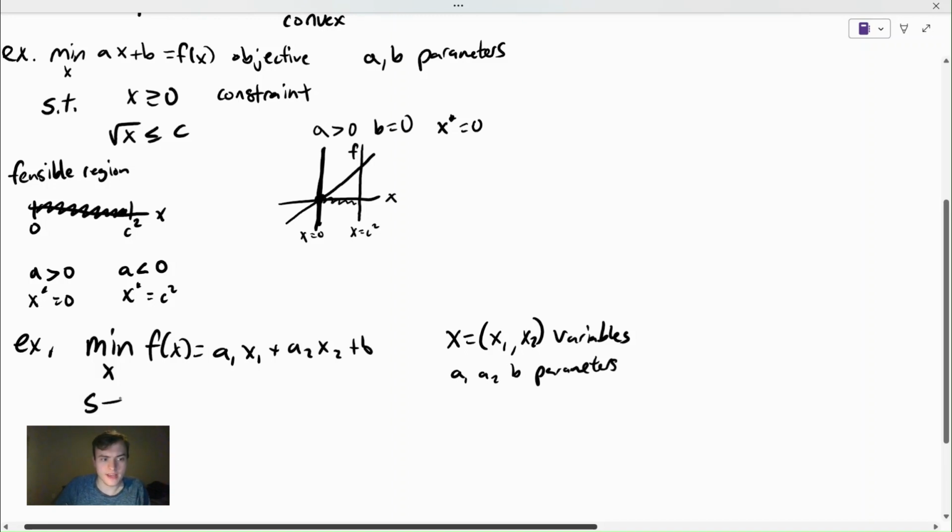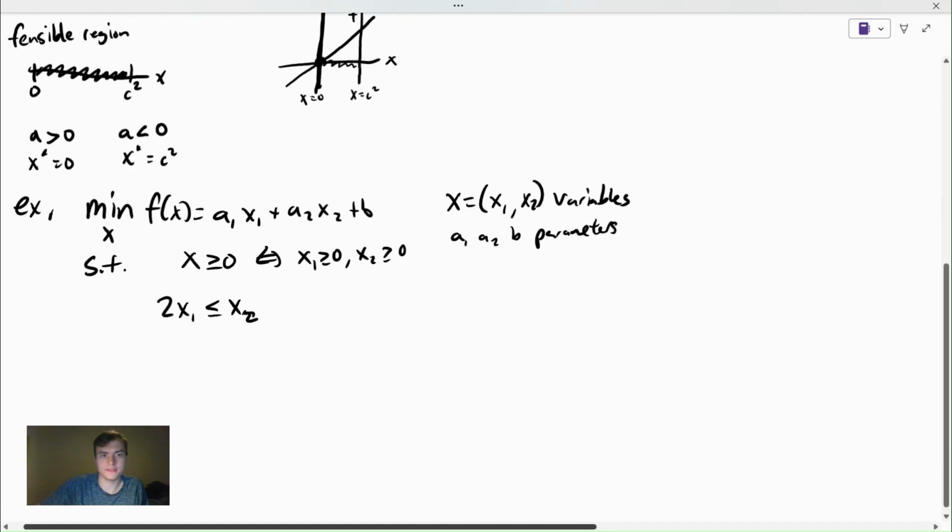And we can add constraints to this problem. x greater than or equal to 0, so that's the same as saying x1 greater than 0 and x2 is greater than 0. And then we could relate the two of them with an inequality like this, right?